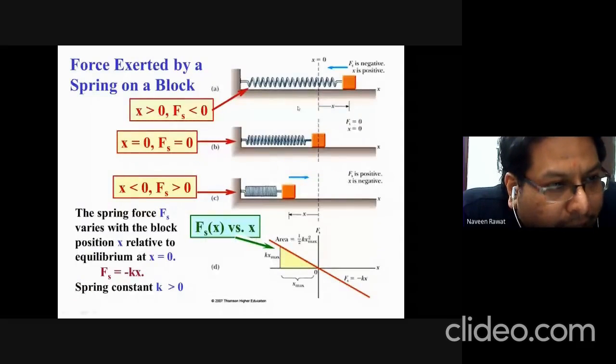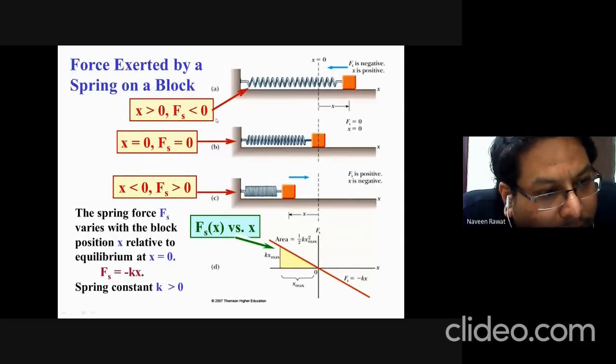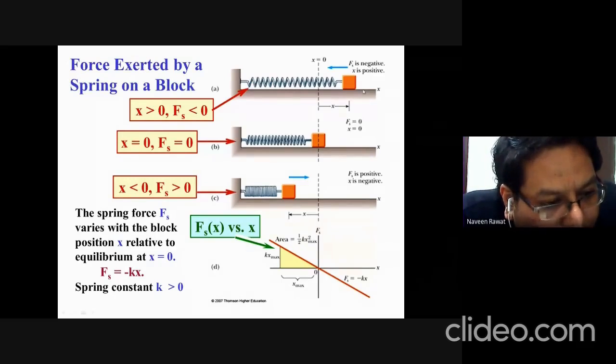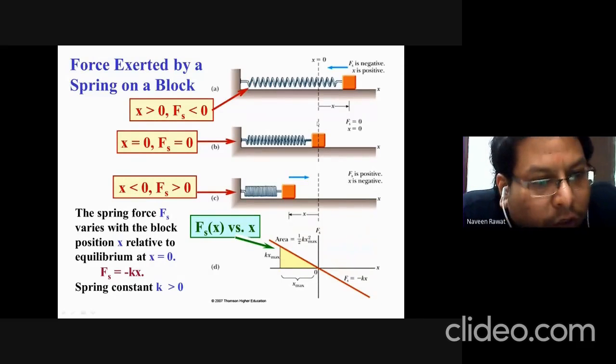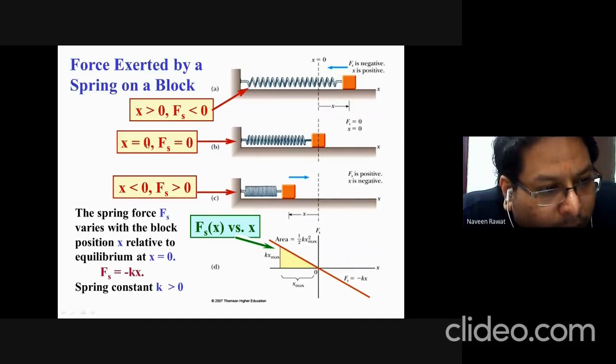So let's take this case of the force. And interestingly, what happens in this case of the force of the spring is that the force is always negative, right? So it is always a restoring force. It's always a negative value of minus kx. Okay, so in this case where this spring is in its normal, unstretched position, there is no force acting, right?